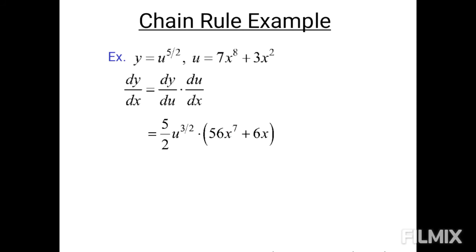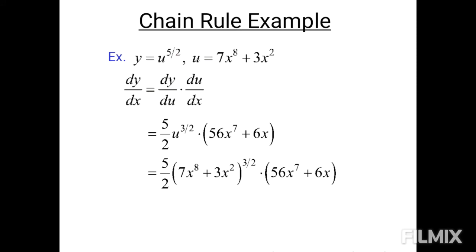We are going to use the sum rule for the differentiation of this one. The derivative of 7x raised to the 8th power will be 56x raised to the 7th power. Then the derivative of 3x squared is 6x. The next step is to substitute this into our variable u.